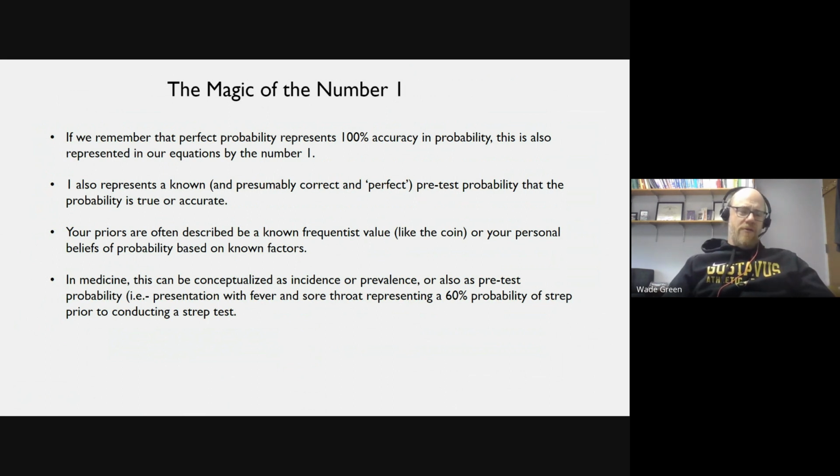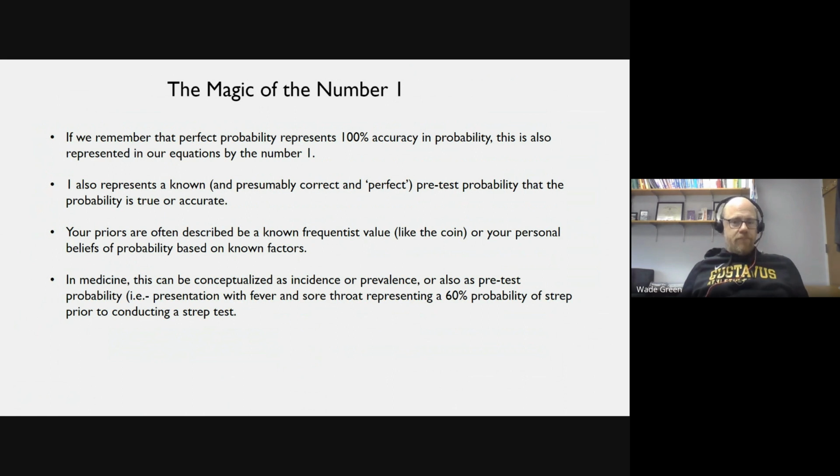Ultimately, the priors that we have are based on what we know about the accuracy or reliability of a certain test. Either from the frequentist perspective, like a coin flip, or we may express our own personal beliefs about specificity, sensitivity, or accuracy based on our own experience. Oftentimes in healthcare and in research-based studies, particularly within clinical trials, we typically express these based on what is known from other studies.